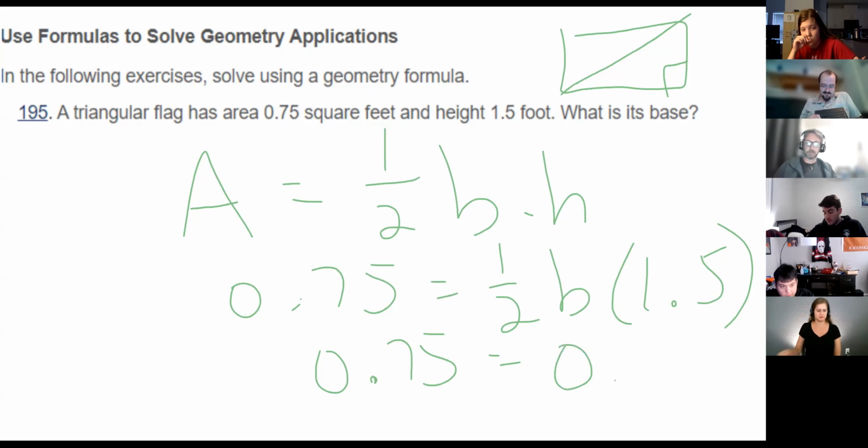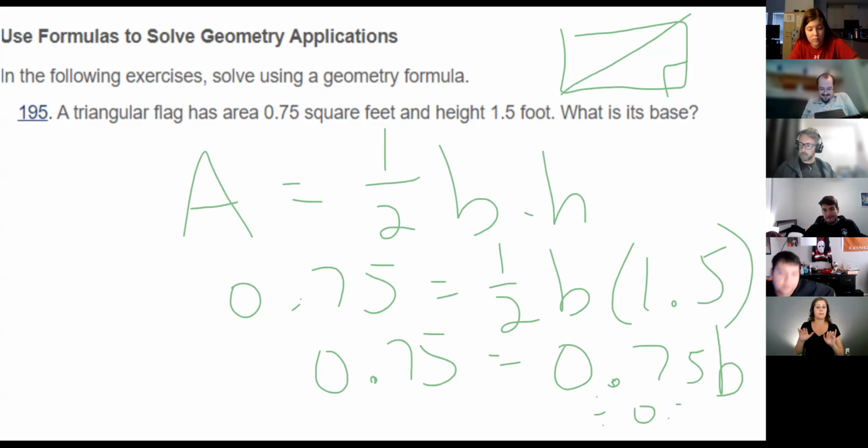So this is 0.75, and what's attached to it? There's got to be a B here. And probably one last step to solve for B. What are we doing? Dividing. By the only number that's there. Hopefully you tell me the number, not the letter. 0.75.